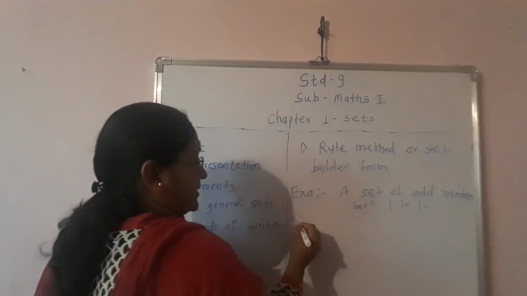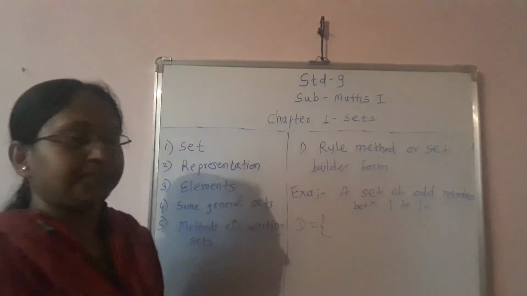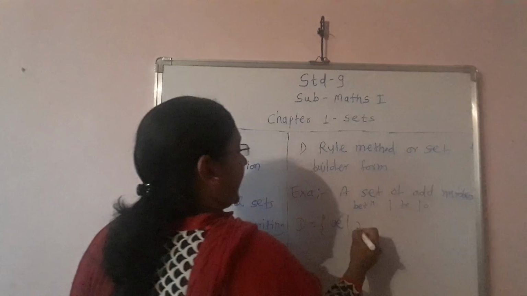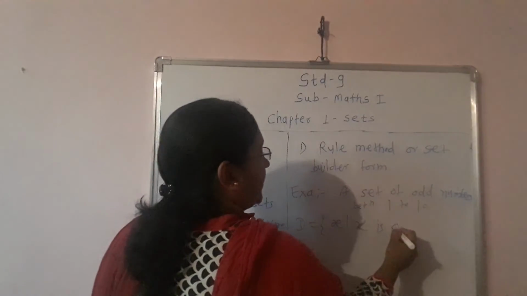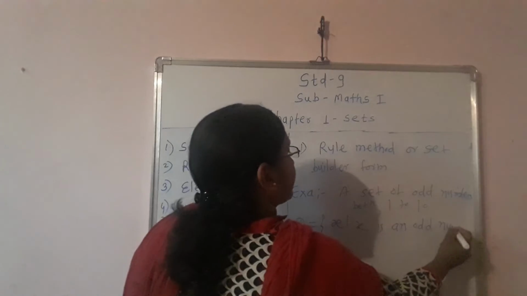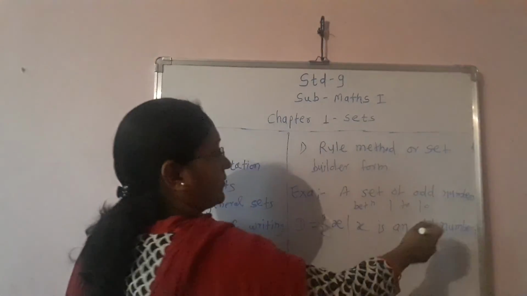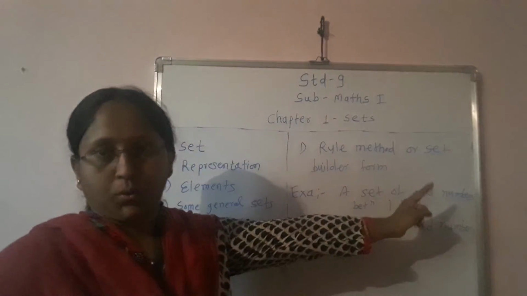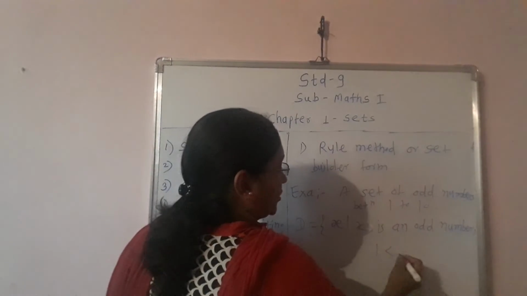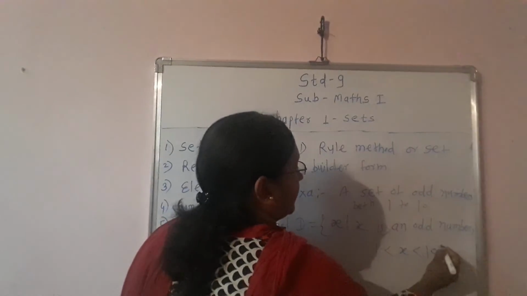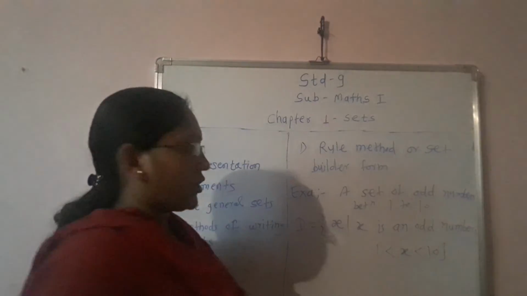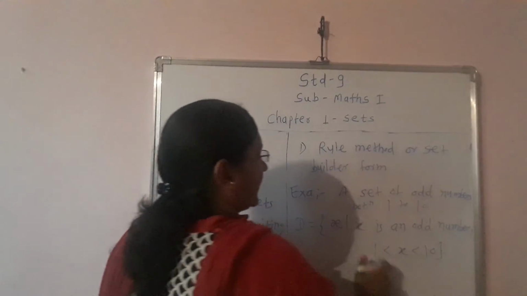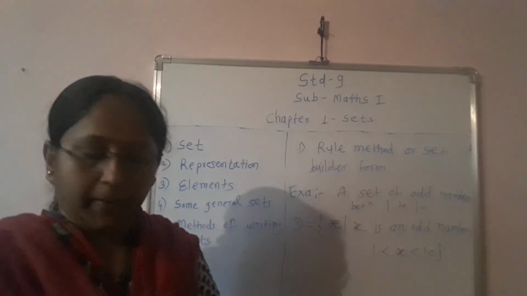Then we write the set as D, and D is equal to, assign some variable x, where x is an odd number, where the value of x is between 1 to 10. So I write it as 1 is less than x less than 10. It is written in this way.